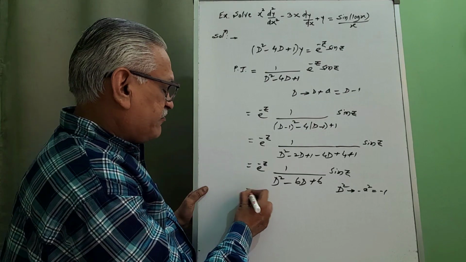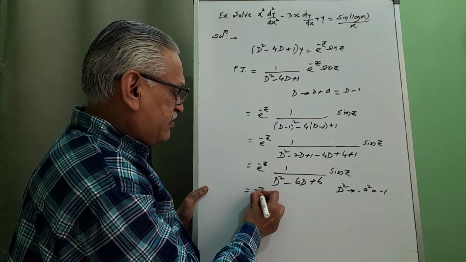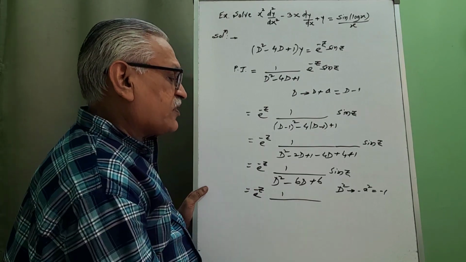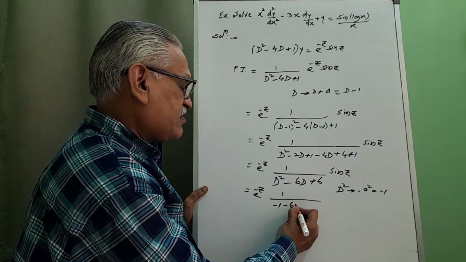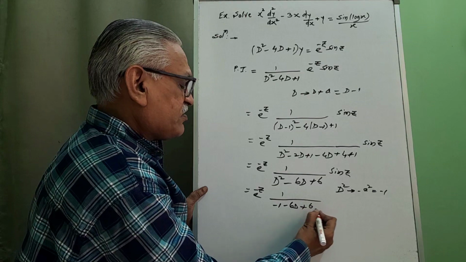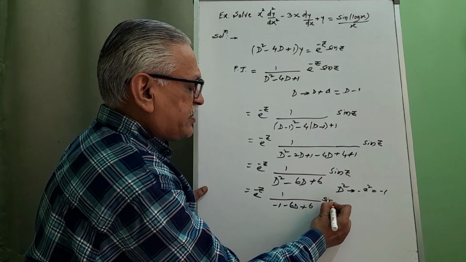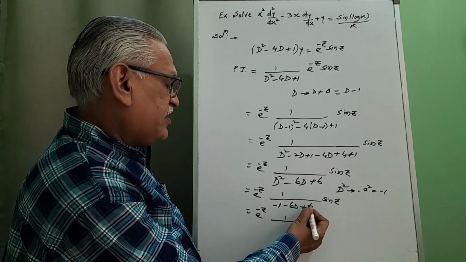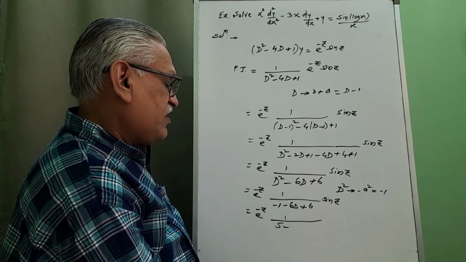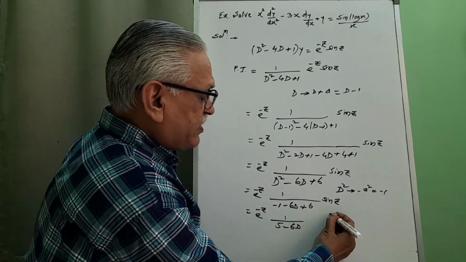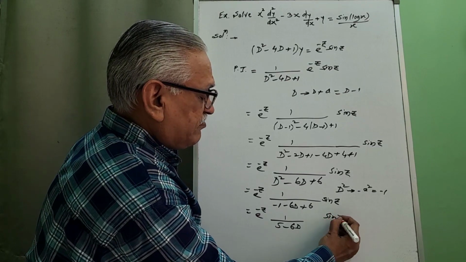We get e raised to minus z, 1 upon minus 1 minus 6D and plus 6 operated on sin z. Rewriting it, it is 6 minus 1, 5, and minus 6D, which we have to operate on sin z.